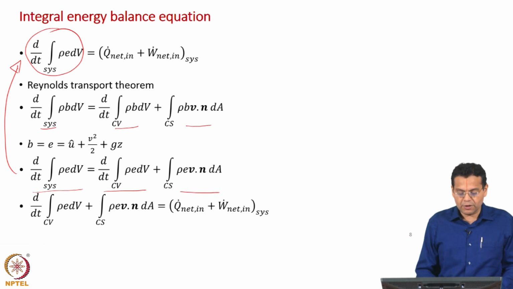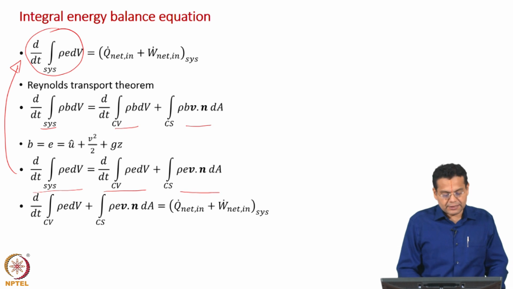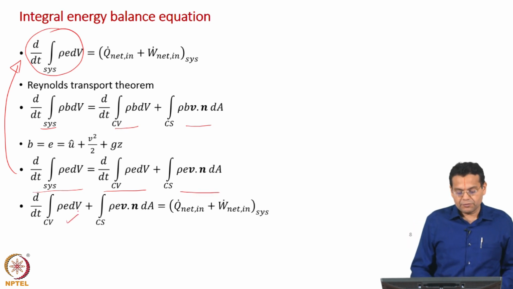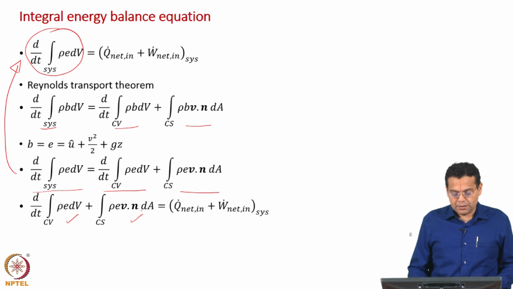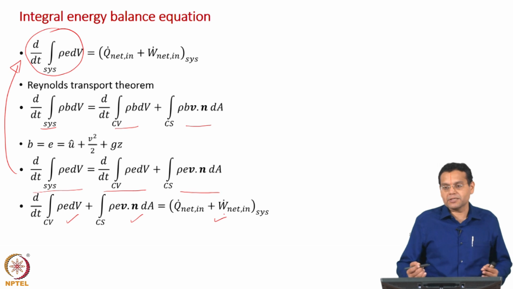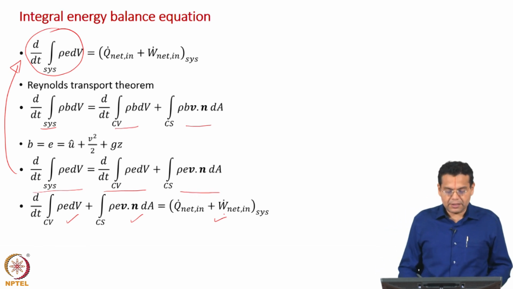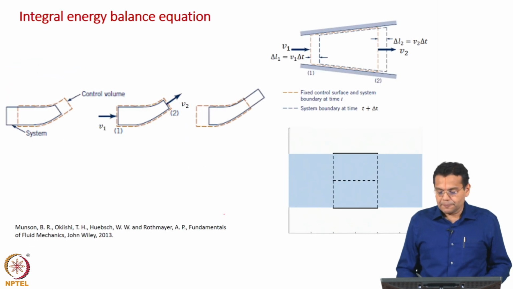So, now in this form, the left hand side tells about rate of change of energy for the control volume, and the net rate at which energy leaves the control volume through the control surface, right hand side still in terms of system. So, we will have to express this for the control volume. How do we do that? Let us rewrite that equation again.